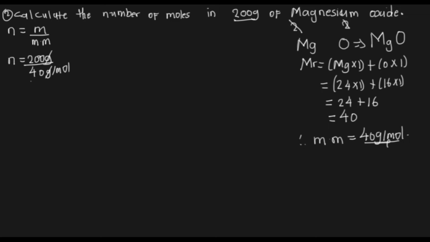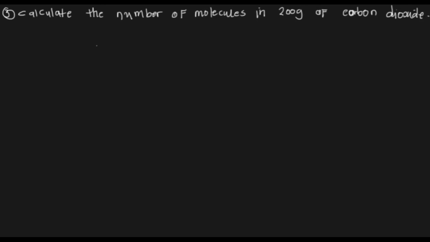So grams cancel, and the number of moles is 200 divided by 40, which is 5. So there are 5 moles in 200 grams of magnesium oxide. So now we move on.